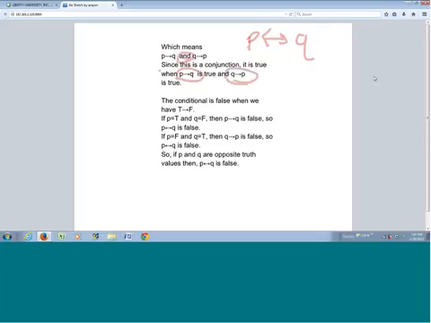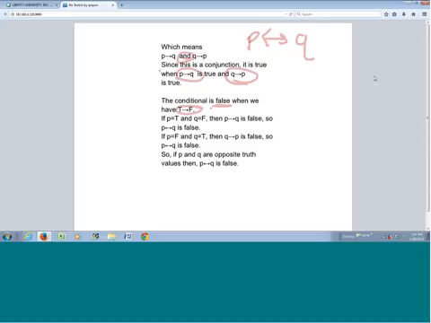So we have to go back to the rule for conditional to figure this out. The rule for conditional is it's false when you have this situation. Otherwise, it's true. So when will we have T arrow false?